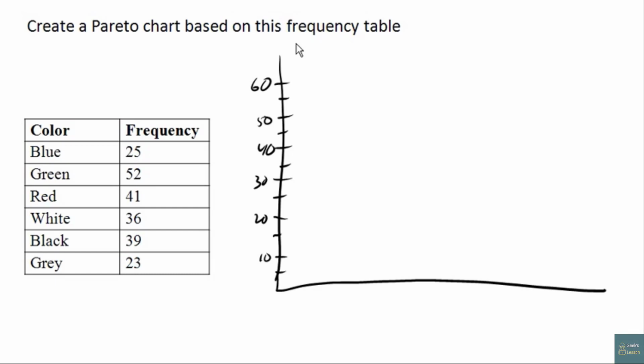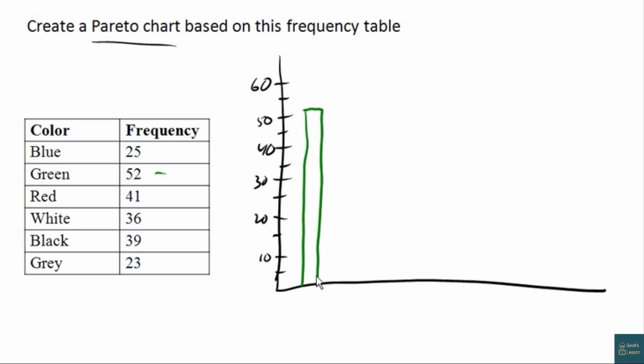The idea of a Pareto chart is that we're going to do a bar graph, but we're going to arrange the bars in decreasing frequency order. So in other words, the first bar we're going to draw is for the category with the highest frequency, which is 52 here, for the green cars.